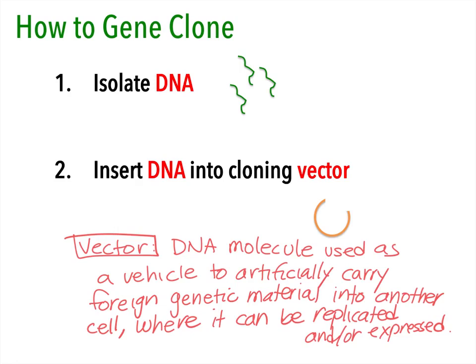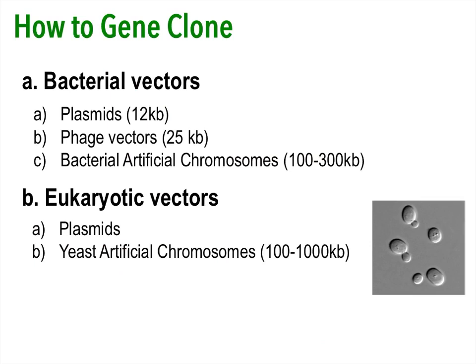What would be needed to accomplish this would be restriction endonucleases and ligase, which we have talked about before. Here is a list of some commonly used vectors, and they're split up based on whether we're trying to put our DNA of interest into a bacteria cell or into a eukaryotic cell.